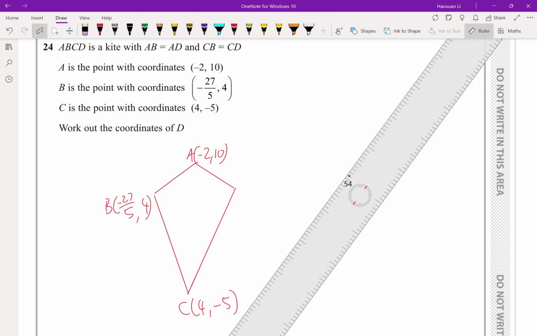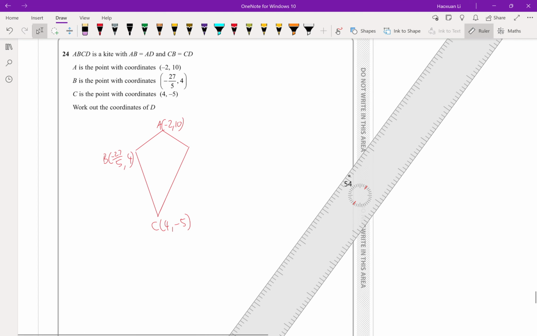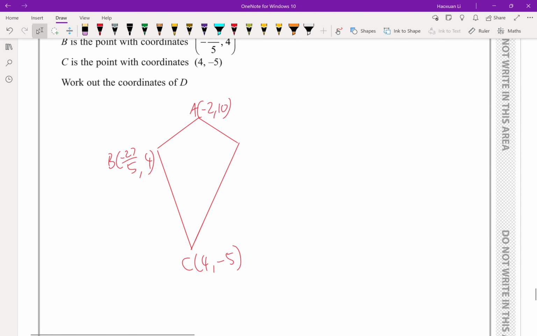So by first finding the equation of A and B, so that will be 10 minus 4 over -2, and also D will be x, y. Actually, first let's do the distance way.